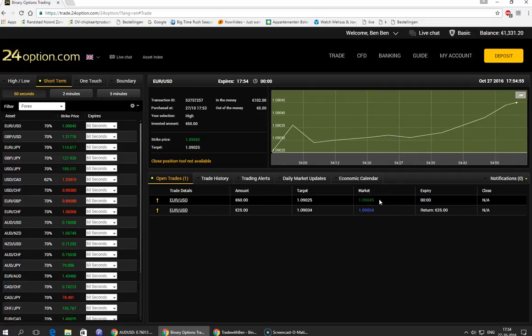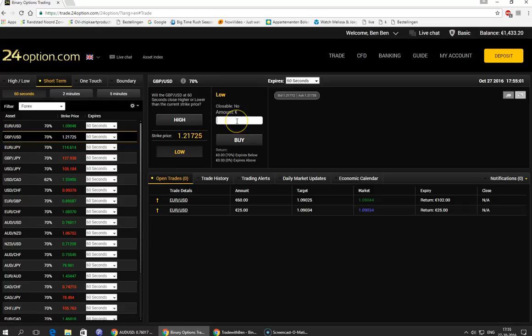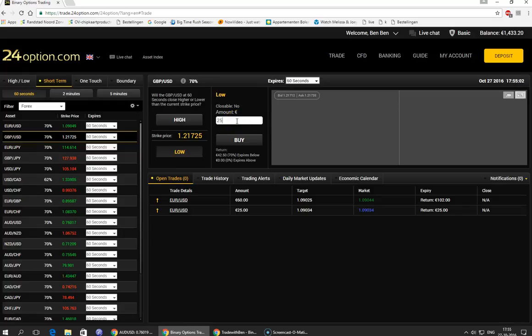Okay, so I think we have this trade. Yeah, we have it. So GBP US dollar, also some possibilities right now. €25. I think it's going to go a little bit more up, and in the next minute it will go down, according to my analysis. Oh, by the way, the Australian dollar and US dollar is also doing things, but this baby wants to go down.